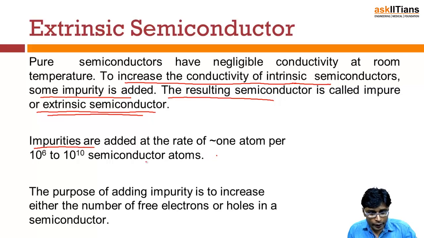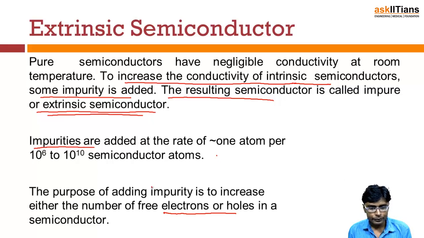Now the purpose of adding this impurity is to increase either the number of free electrons or holes in the semiconductor. Please pay attention here. The impurity will act as free electrons or free holes, so depending upon the type of impurity, there can be a number of free electrons or free holes in a semiconductor.